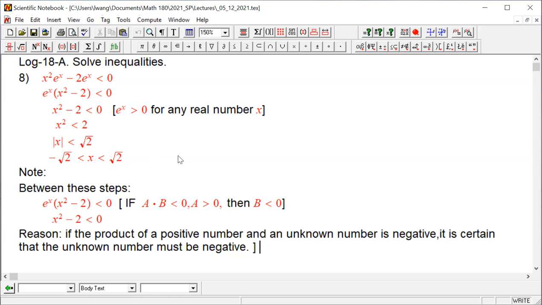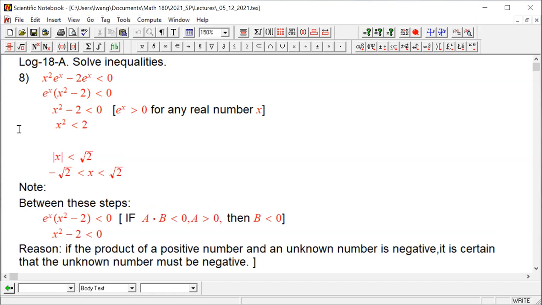Now, once we get to this step, we'll add 2 on both sides and take the square root on both sides.